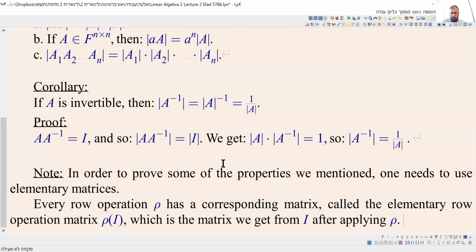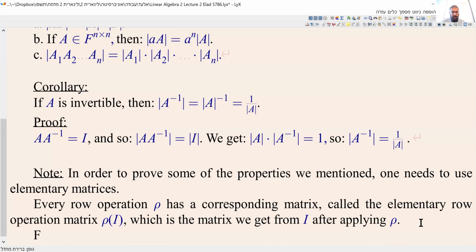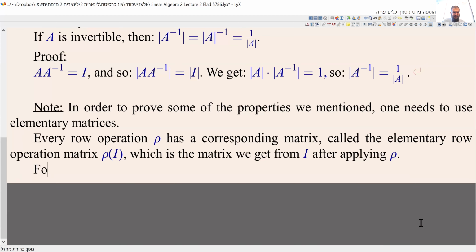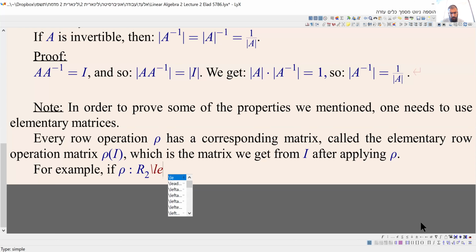Okay. For example, let's write down a couple of words. For example, say rho is the operation of switching R1 and R2, left-right arrow.